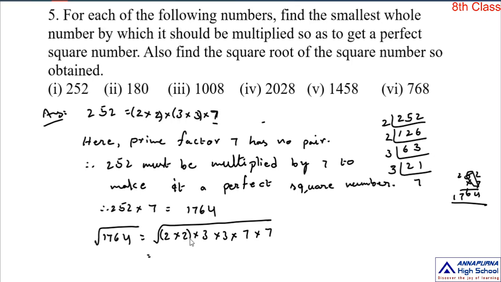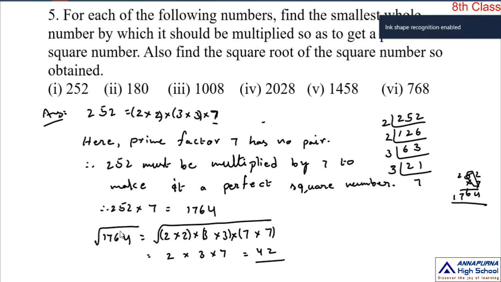And in this prime factorization, every factor has a pair. So let us take one factor from that pair. 2 into 3 into 7. Here the product is 2, 3 is 6, 6 sevens 42. So 42 is the square root of 1764. So like this you do the remaining all.